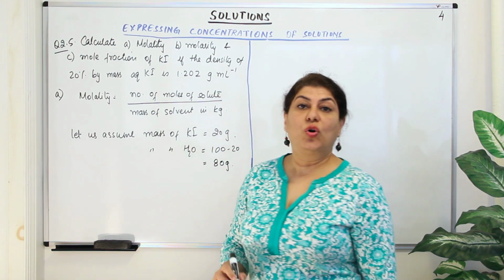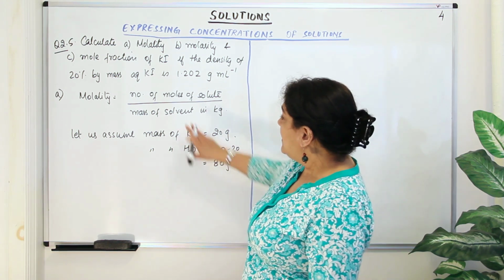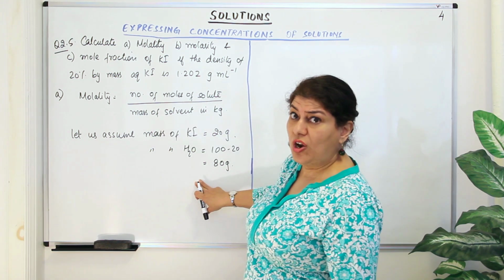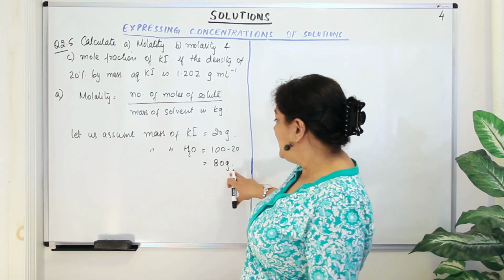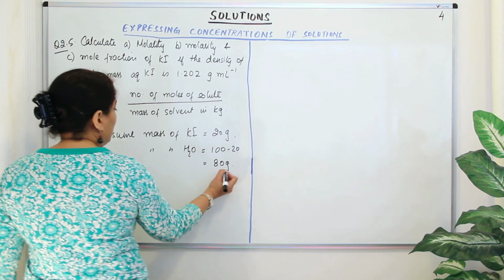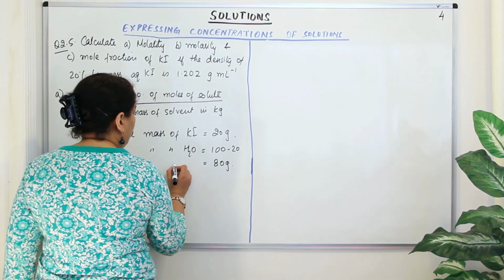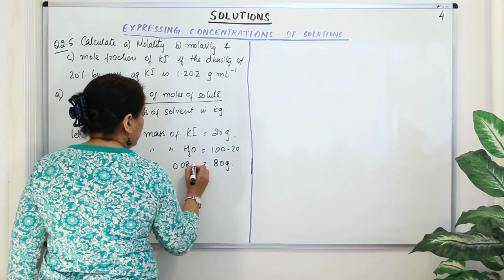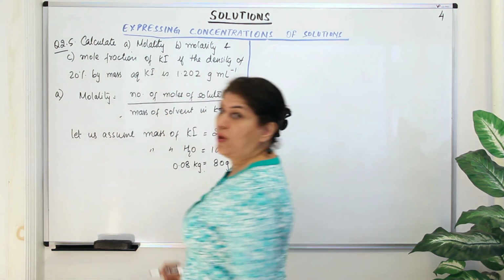So you get the mass of water is 80 grams. And water is the solvent. And what about its mass in kgs then? If it is 80 grams, in kgs, it will be equal to 0.08 kilograms, right? So one value, that is the denominator, we already have.